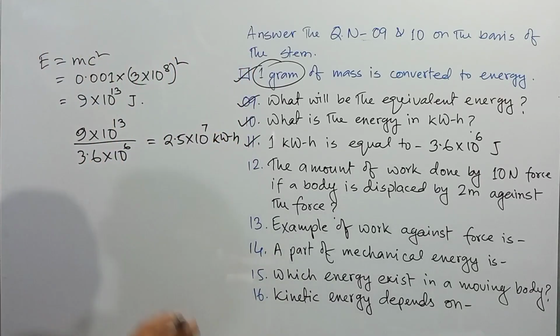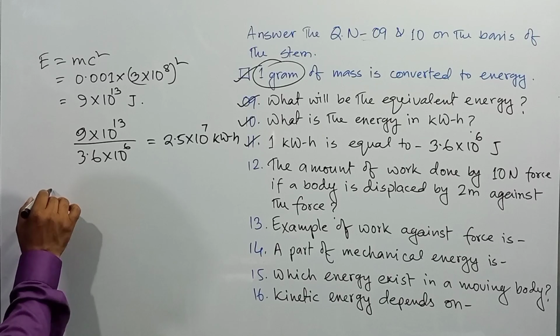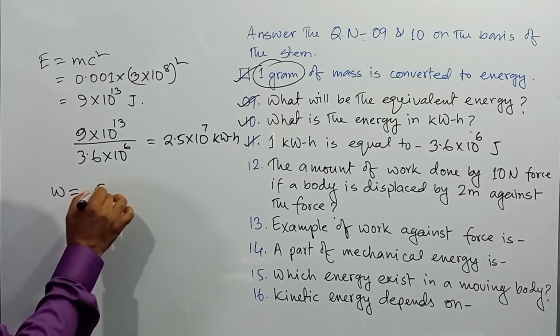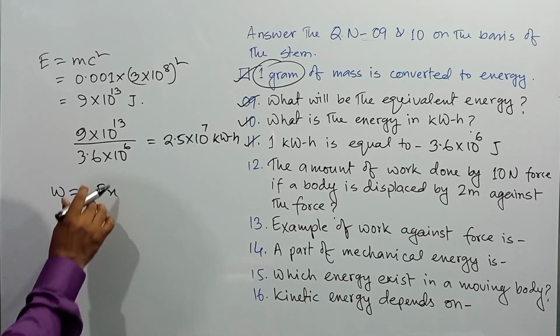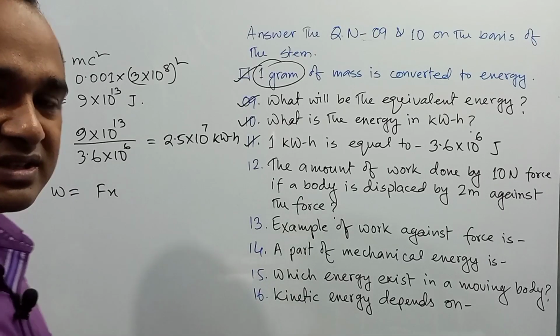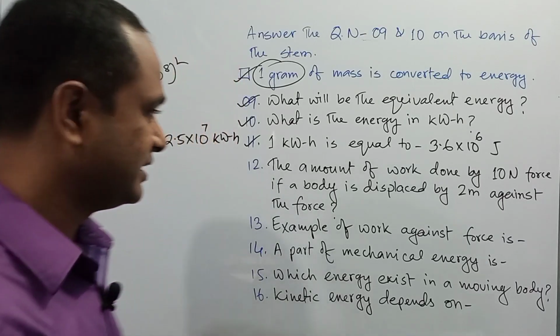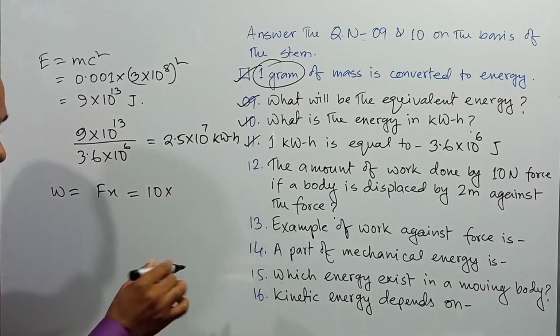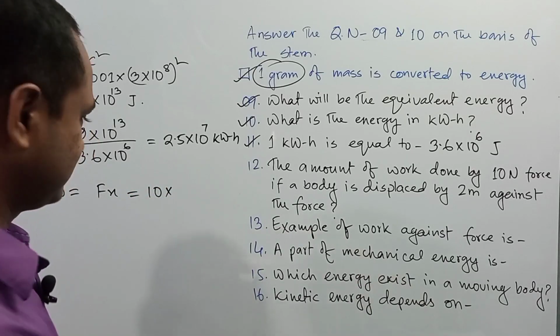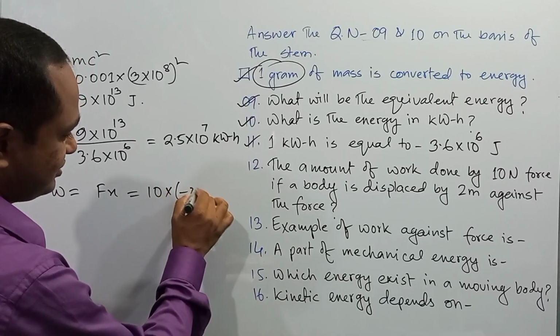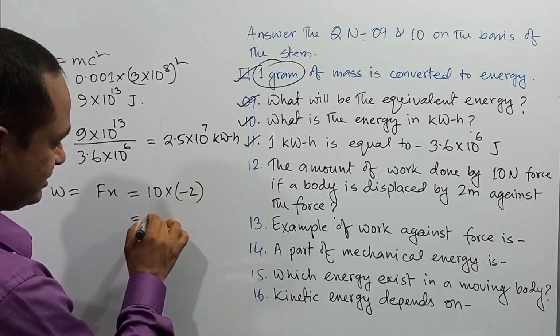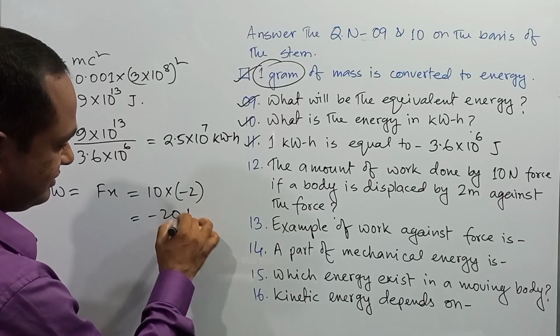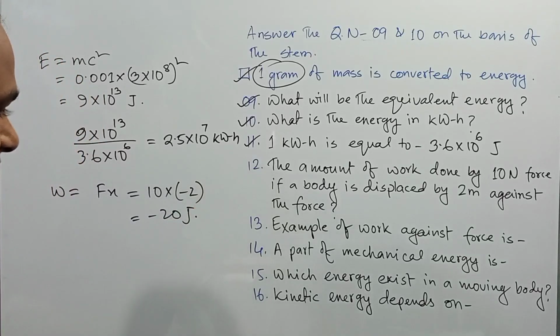So the amount of work W is equal to F into x. Here both force and displacement are vector quantities. Here the applied force is 10 Newton, but the body is displaced against the force. So here displacement is minus 2. So the result will be minus 20 joule, right?